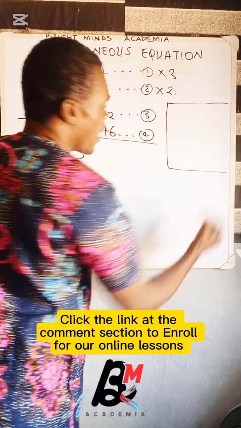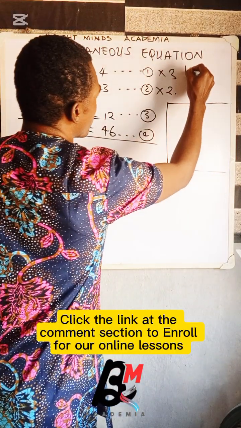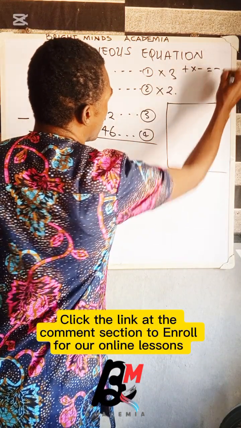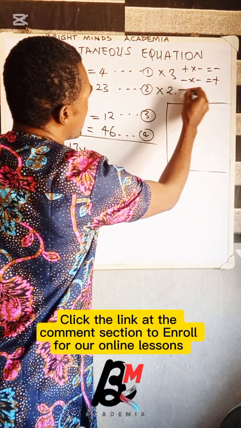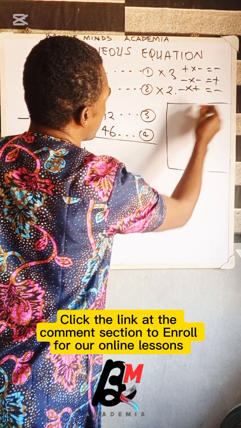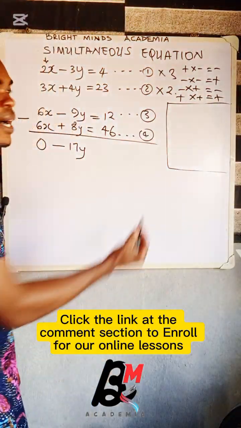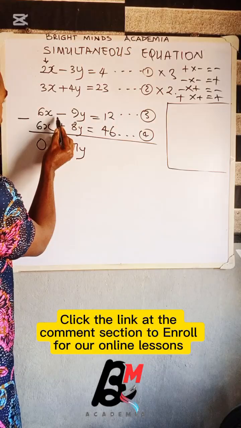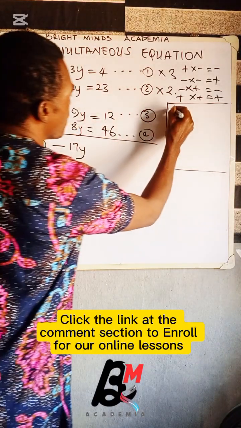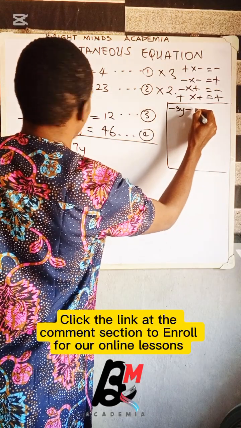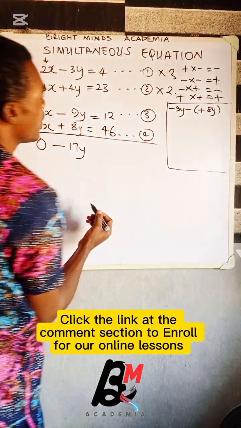If you are acquainted with directed numbers, you would know that plus times minus is equal to minus, minus times minus is equal to plus, minus times plus is equal to minus, and plus times plus is equal to plus. Now, having this in mind, we are going to solve this. Minus 9y minus 8y: minus 9y minus into bracket plus 8y.